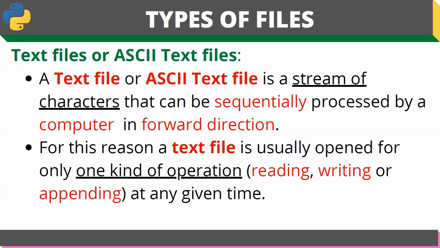So, text files are ASCII text files. A text file or ASCII text file is a stream of characters that can be sequentially processed by a computer in forward direction. For this reason, a text file is usually open for only one kind of operation, either reading, writing or appending, at any given time.